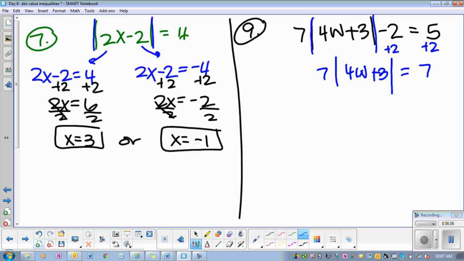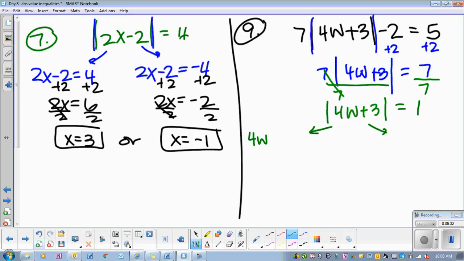Yes, the 7 goes. How do you make that 7 go away? Not subtract, because they're multiplying here. You need to divide. Good. So then you have the absolute value of 4w plus 3 equals 1. And then you drop the 2 bars. Good. Drop the bars and write it twice. So then you have 4w plus 3 equals 1. And 4w plus 3 equals negative 1. Good. Minus the 3. 4w equals negative 2.